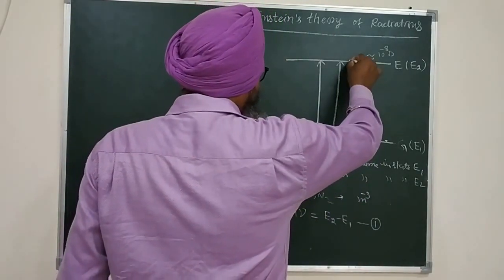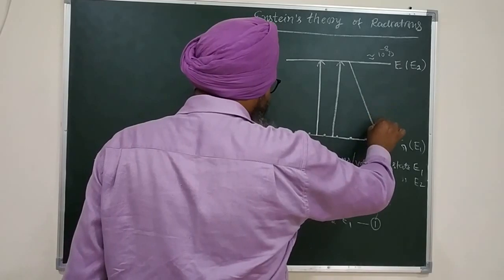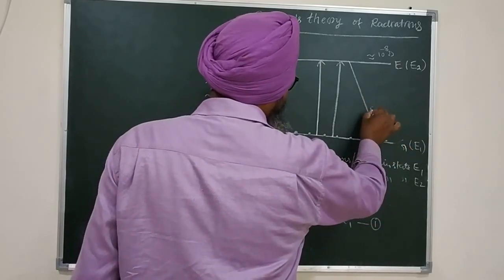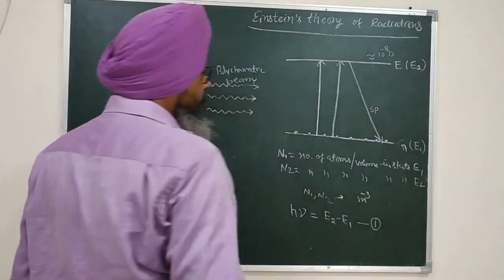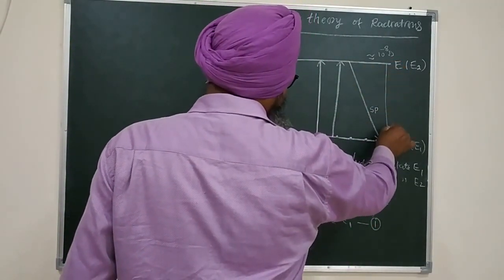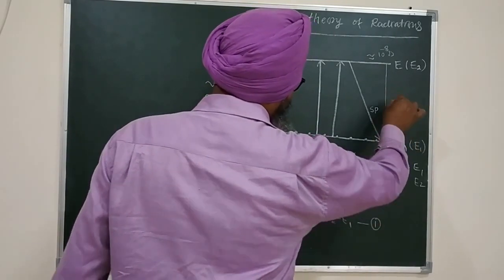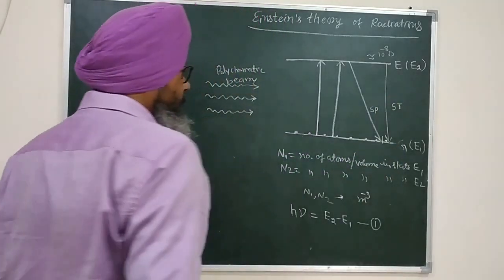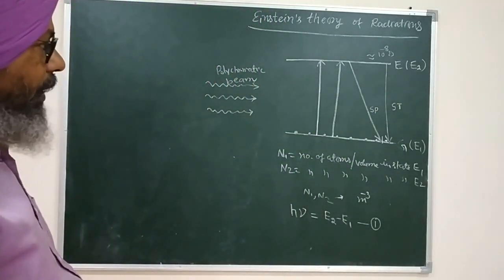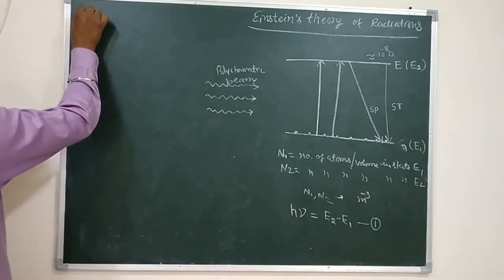So when they jump back to this state, then according to Einstein, they can jump back in two manners. One method is called spontaneous and the other is called stimulated. I will use the abbreviations SP and ST, spontaneous and stimulated. What happens in case of spontaneous emission? Let me give you the definition of spontaneous emission.